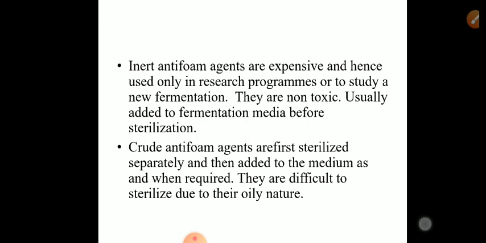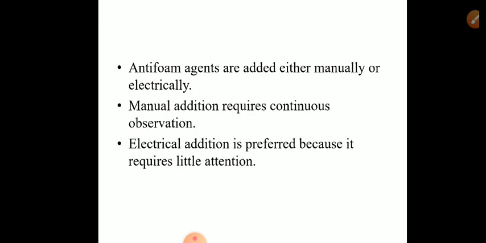Right. Then crude antifoam agents, the best examples are vegetable oils and animal oils. Animal oil like lard oil, vegetable oils like corn oil, soybean oil, and other alcohols like octadecanol can be used as antifoam agent, or a mixture of oil and alcohol can also be used.